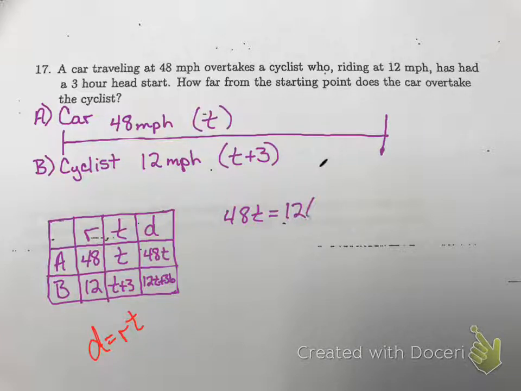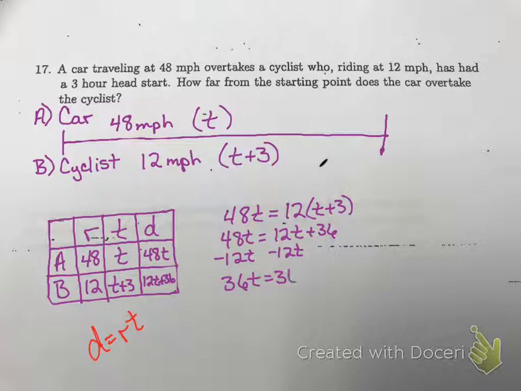So we're going to say 48T is equal to 12 times (T plus 3). Okay? So 48T, distribute my 12, gets me 12T plus 36. I want to get T by itself. So I'm going to move this 12T over to the other side. That gives me 36T is equal to 36.